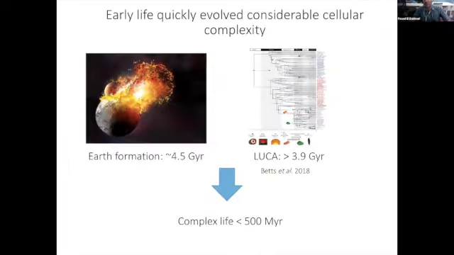So my conclusion is that given the Earth formation timeline, given the estimate of LUCA and some of the earliest fossils we have, if life originated on Earth, it must have evolved considerable cellular complexity very quickly, in less than 500 million years.